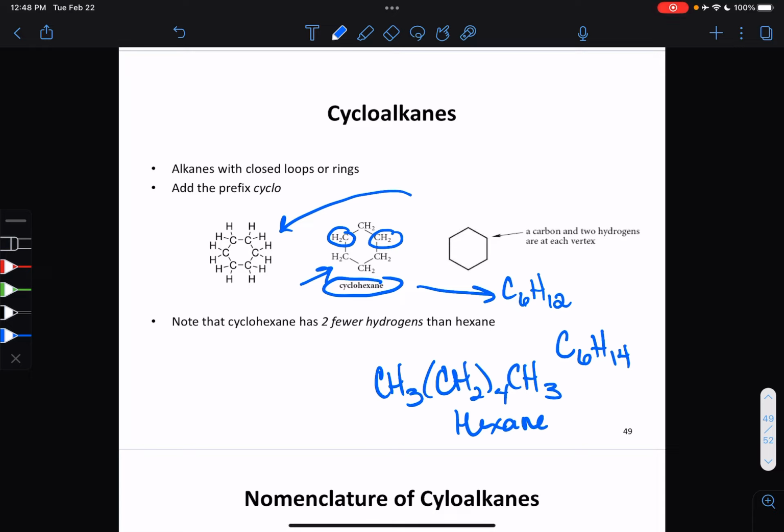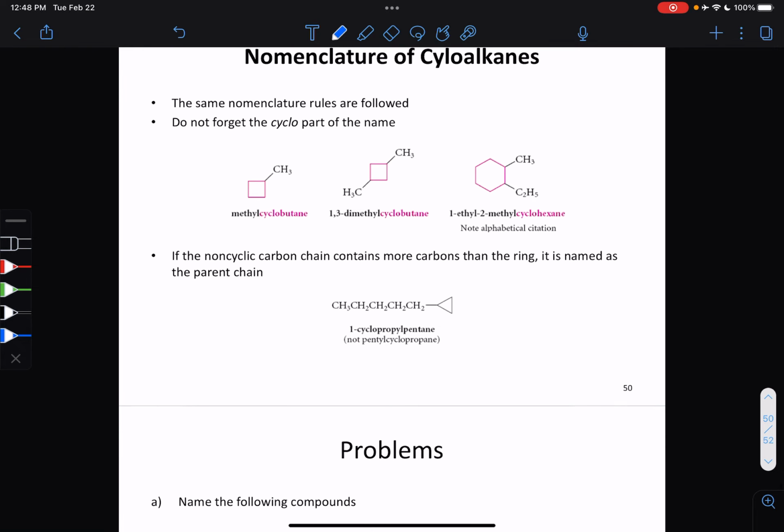And that's because you would be connecting the end carbons together. And if you're going to connect your end carbons together, they have to get rid of a hydrogen each in order to bond to somebody else, because carbons aren't going to want to have 5 single bonds. They would be very upset with that situation. So just so we know, our formulas for our cycloalkanes are going to have fewer hydrogens than the straight chains with the same names.